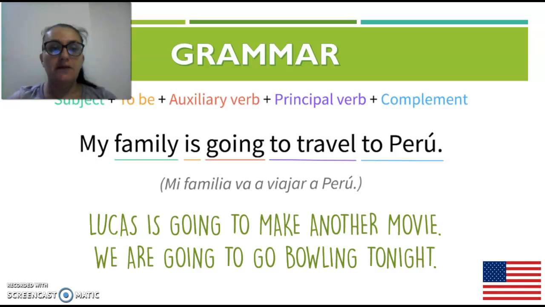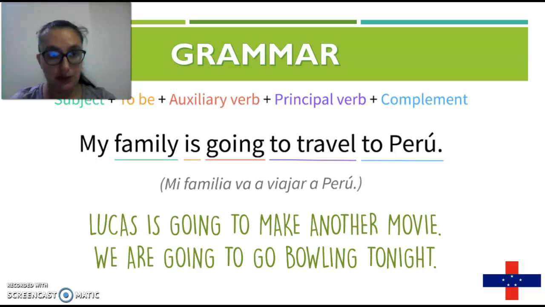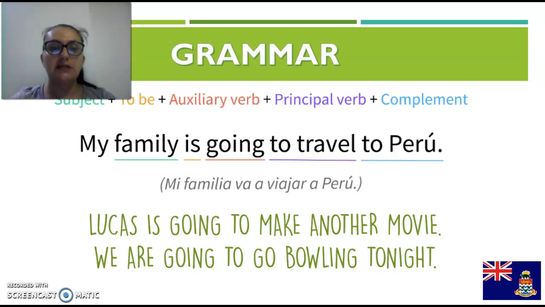In affirmative, you have unorganized topics that you need to use to make affirmative sentences with going to. The first you need to know is subject. What is the subject in English? He, she, it, we, you, they, I.